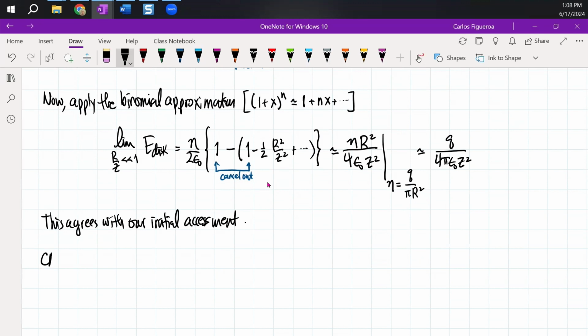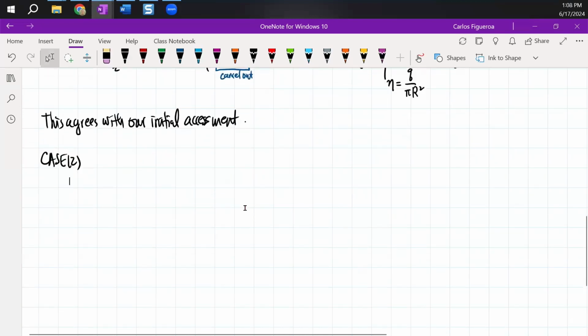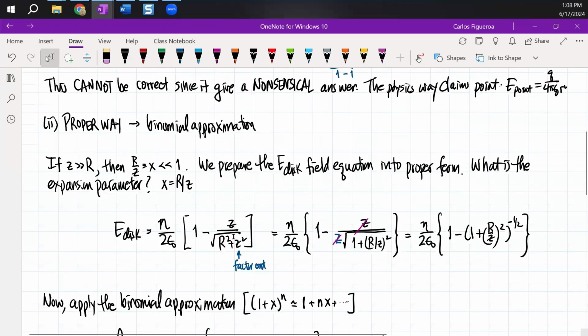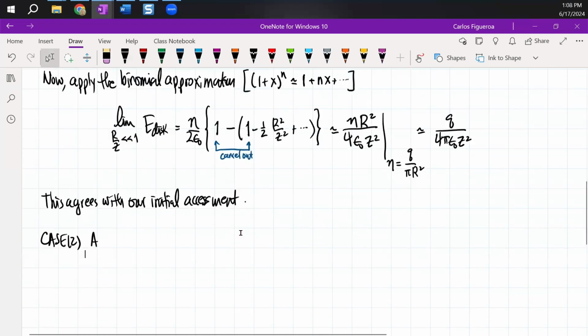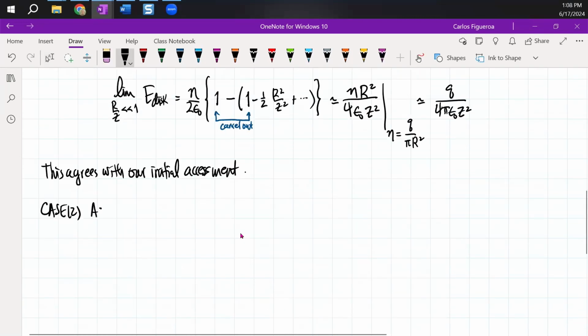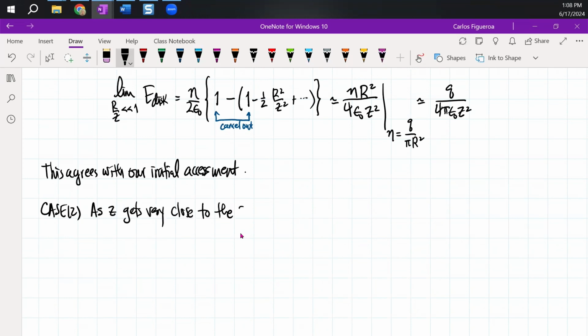Now let's look at case 2. So here, we're now going to set it up so that we're doing this as z gets very close to the surface.